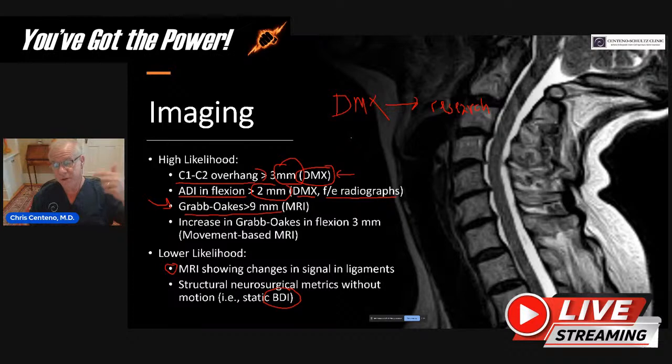If we go to other types of things, like some of these structural neurosurgical measurements like BDI or BAI, and some of the other things that are used, Powers ratio, etc., that research is not on this patient population, but on a severely injured population that requires emergency surgery.